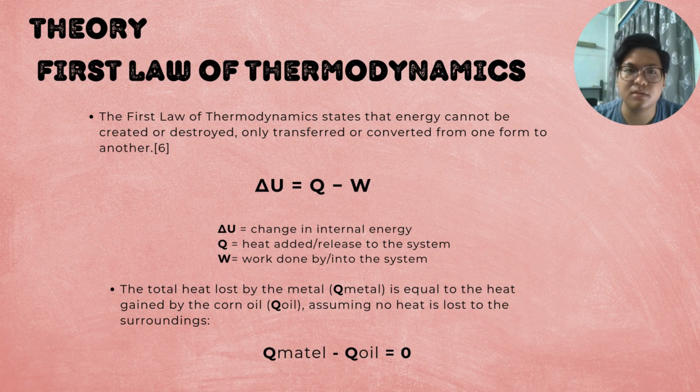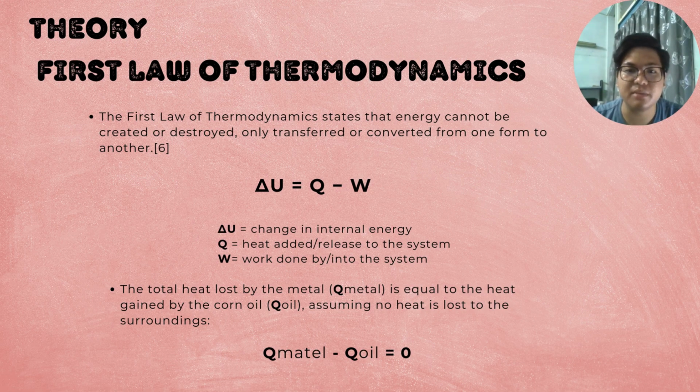The second theory is about the first law of thermodynamics. So, what is the first law of thermodynamics? It states that energy cannot be created or destroyed, only transferred or converted from one form to another. This is the equation of the first law of thermodynamics: change of U equals Q minus W. Change of U is the change in internal energy, Q is the heat being added to or released from the system, while W is the work done by or on the system.